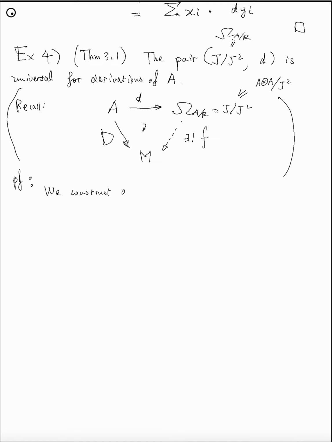Construct a bilinear map, and hence this gives the unique map of A modules from the tensor product of A with A to M. And how is this bilinear map defined? It is defined to be mapping x, y to x dy.